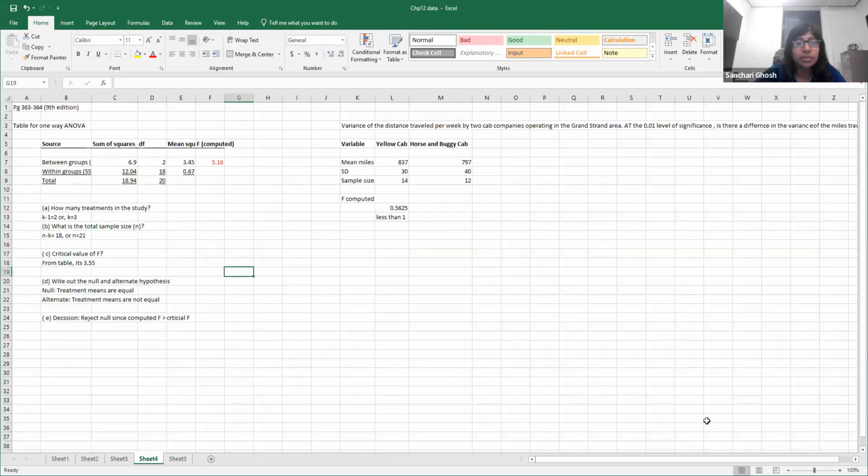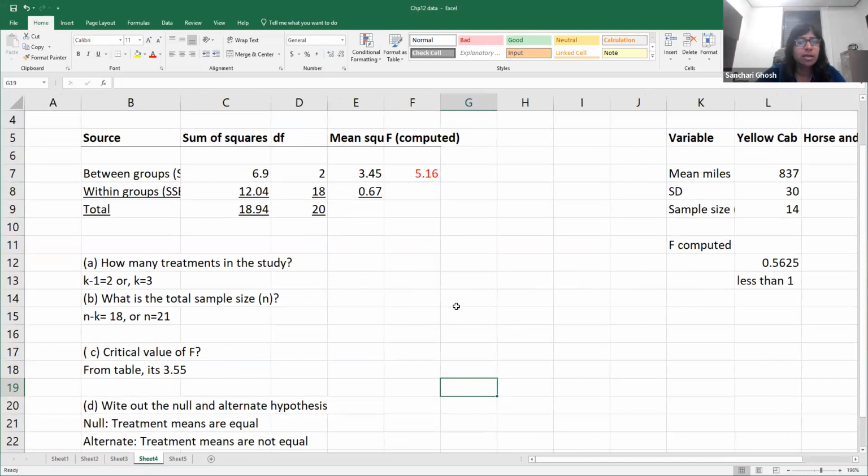The next few problems are pretty much the same. I'm not doing it. It's kind of illustrates the same data. Yes, we just have to put in the numbers. And here I showed you the full table by showing you the formula in the formula bar.